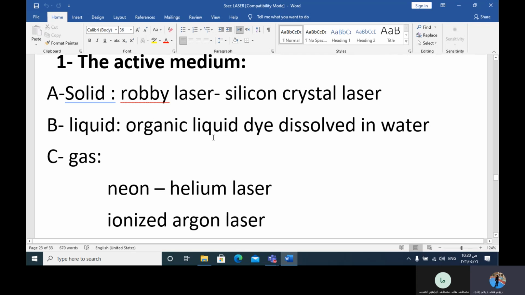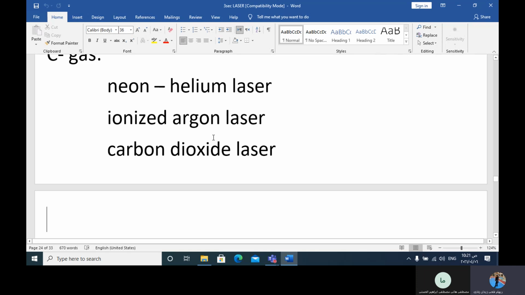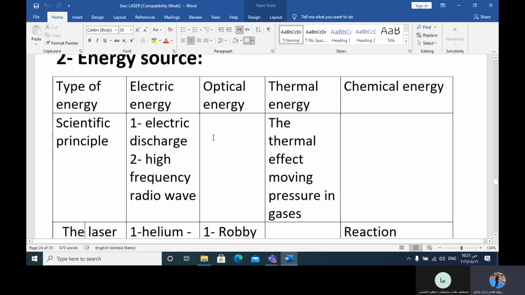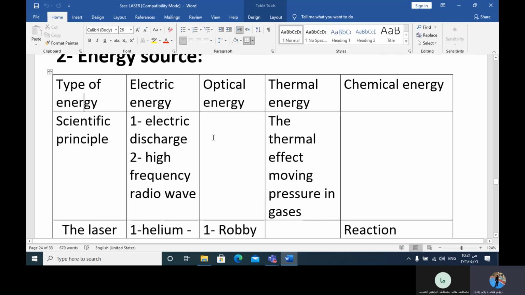It's a kind of laser that we are going to investigate in some detail later. Or the active medium can also be the ionized argon laser. So the active medium is not the gas, it is the ionized gas, which is the ionized argon. It can be the carbon dioxide laser. So as we said, the active medium can be solid or liquid or gas, or a mixture of gases like helium neon or neon helium.